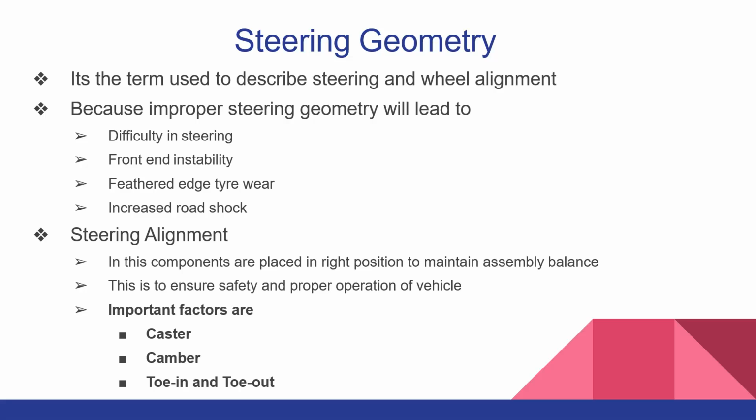Important factors which help in correct steering alignment are caster, camber, and toe in and toe out. These are very important factors which you should remember. You will see in detail what these important factors are.